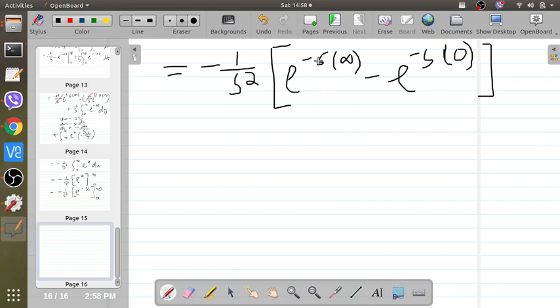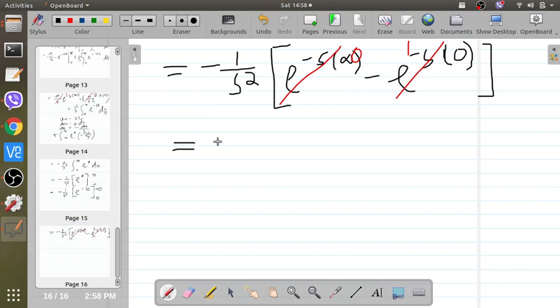Negative s times infinity, e raised to that power is just equal to 0. Negative s multiplied by 0, 0 multiplied by a constant is 0, so e raised to the power of 0 is 1. 0 minus 1 is just equal to negative 1, so substitute.